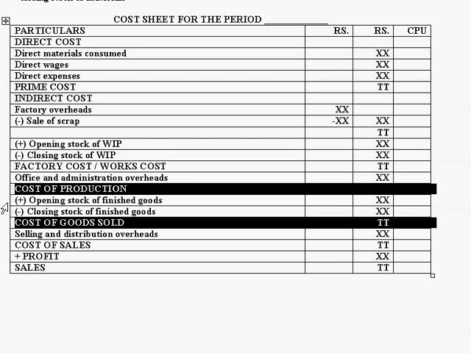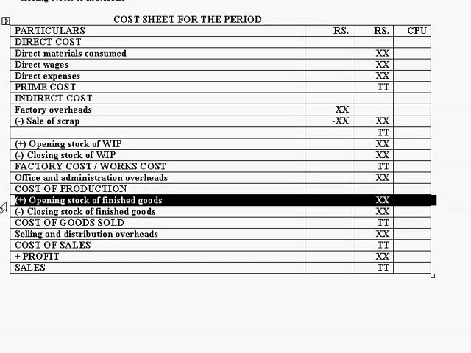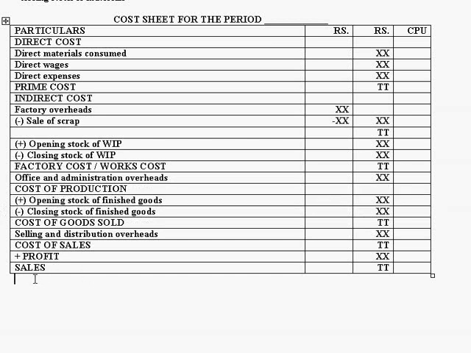So in between these two, before or after adding opening stock of finished goods, along with opening stock of finished goods, we will show finished goods purchased. And if there is any carriage inward or freight inward in relation to that finished goods purchase, that also will be shown along with the purchase.